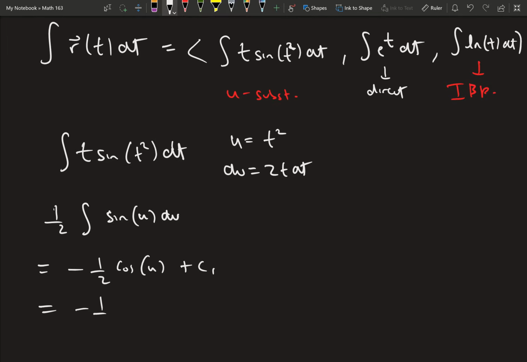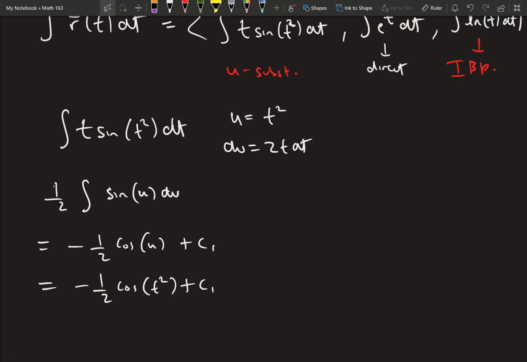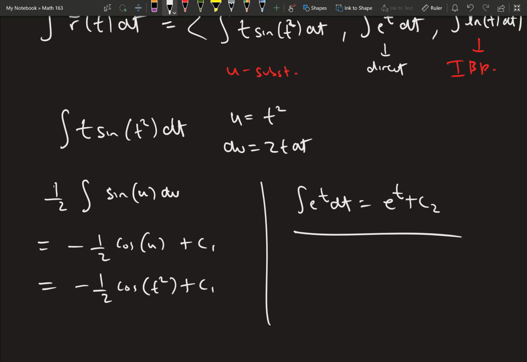So this is equal to negative 1/2 cosine of t squared plus c1. Okay, so that's our first integral. The second integral is just straight e to the t, so it's e to the t plus a constant, call it c2.